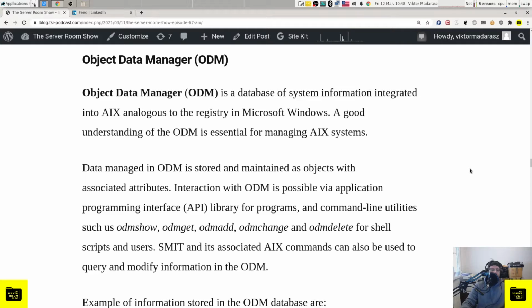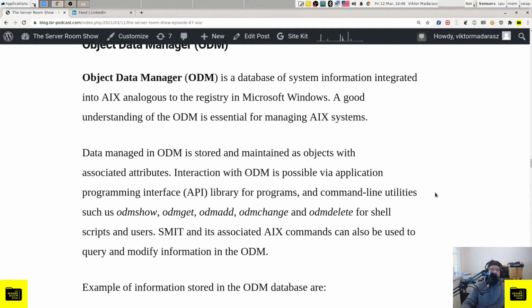ODM is a database of system information integrated into AIX, and the best comparison is to the Windows registry. A good understanding of the ODM is essential for managing AIX systems.